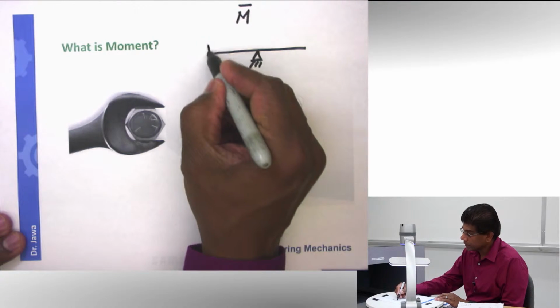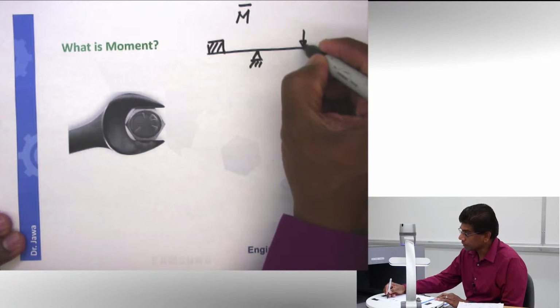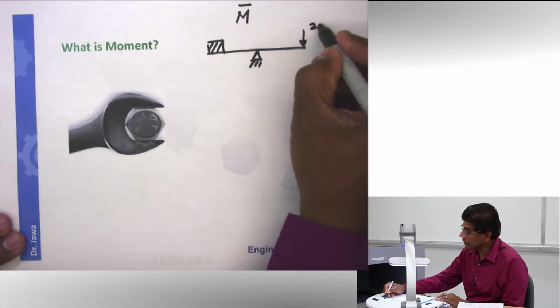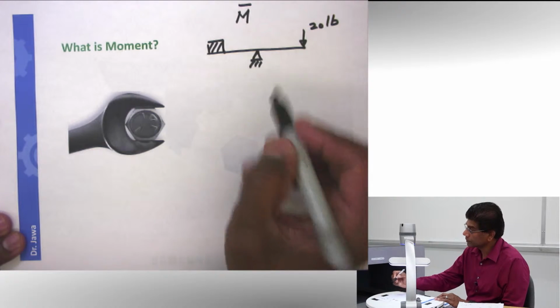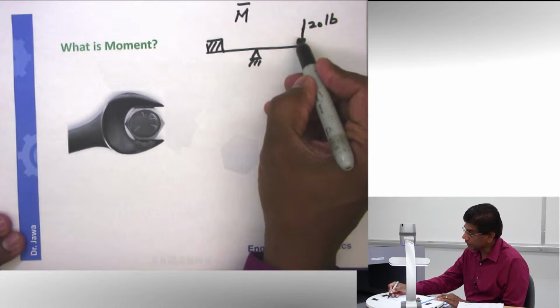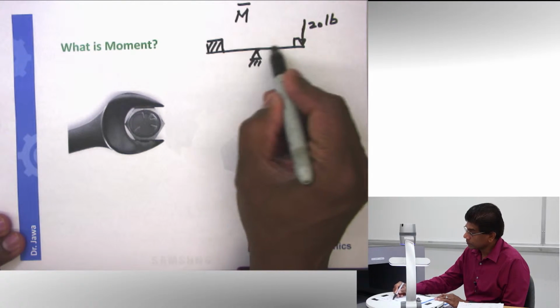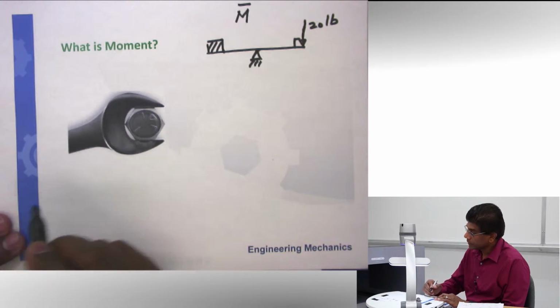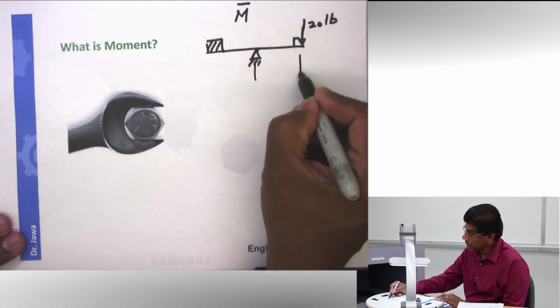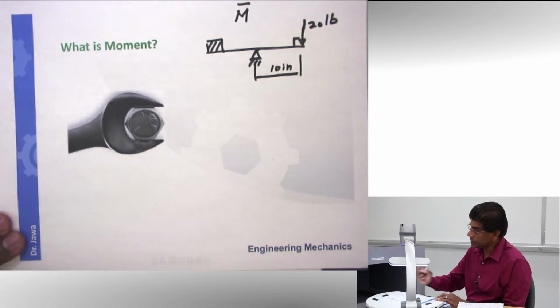Let's say some weight here, and I apply some force here. Let's say I apply a 20-pound force, and this force is perpendicular to this plate. And let's assume this distance is 10 inches.